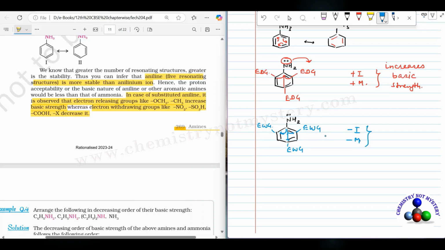Hence they decrease the availability of lone pair over nitrogen for the donation. So that's how they decrease the basic strength of aniline.